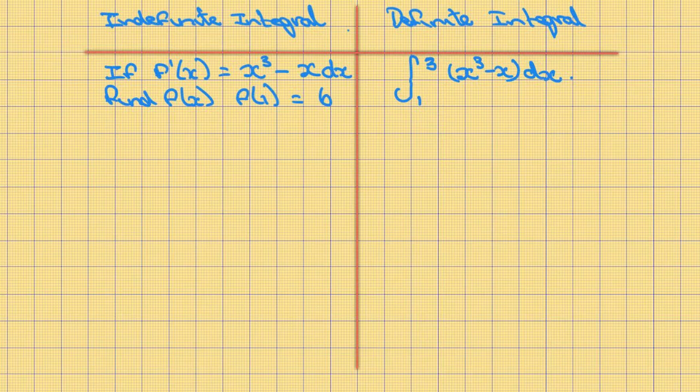So in this question we're given f dash x equals x cubed minus x, and we're asked to find f of x.